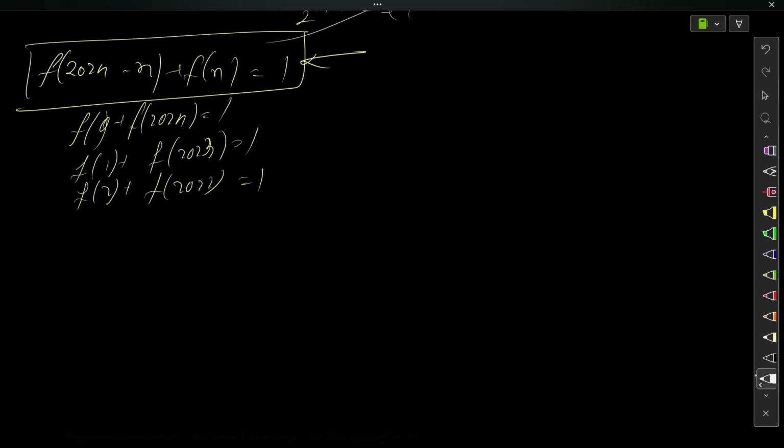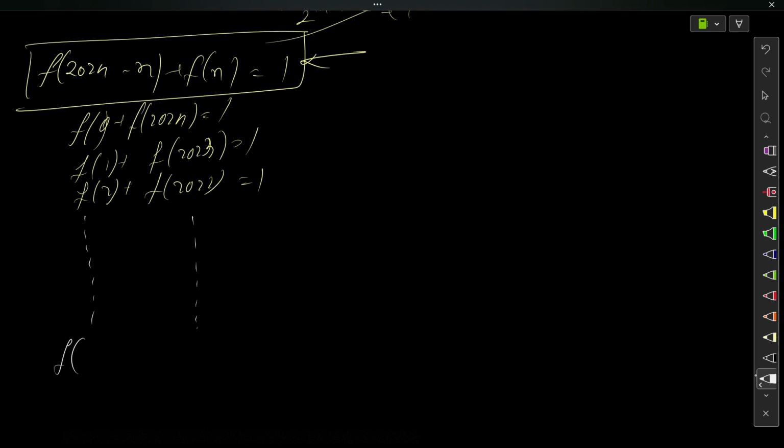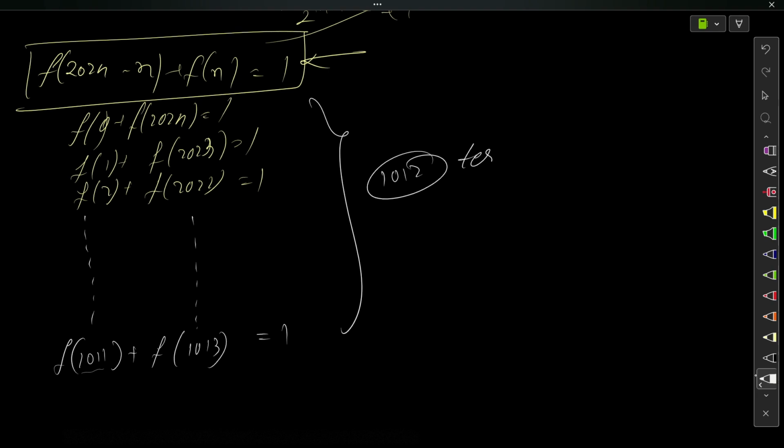As far as I go, I end up at the middle number, 1012, which is left over because we are starting from 0, not from 1. So there will be a middle number left; the pairs go up to 1011 plus f of 1013, and the middle number would be added separately. And if I observe, there are terms from 0 till 1012, that is 1012 terms.